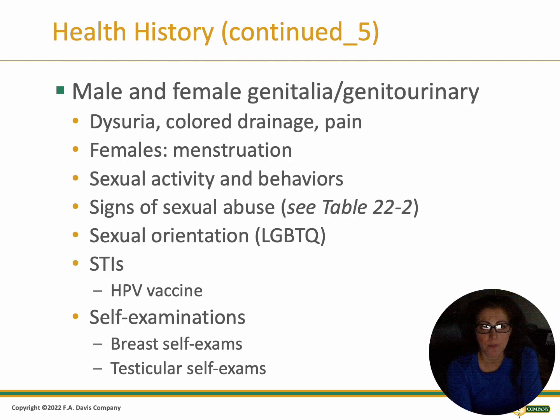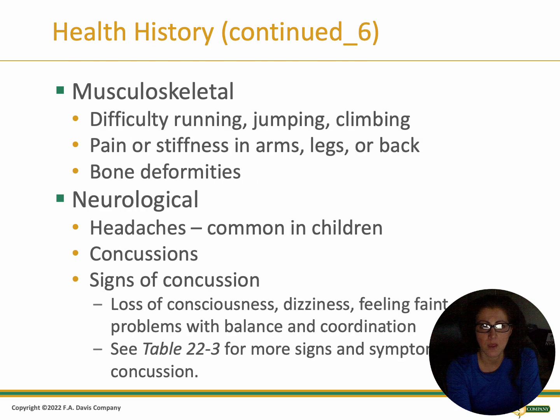We want to ask about male and female genitalia and genitourinary function, sexual activity, signs of abuse, sexual orientation, and whether or not in the adolescent population they're doing any self-examinations, breast exam as well as testicular exam. We want to ask them about their musculoskeletal and neurological systems. Headaches can be common in children along with abdominal pains.